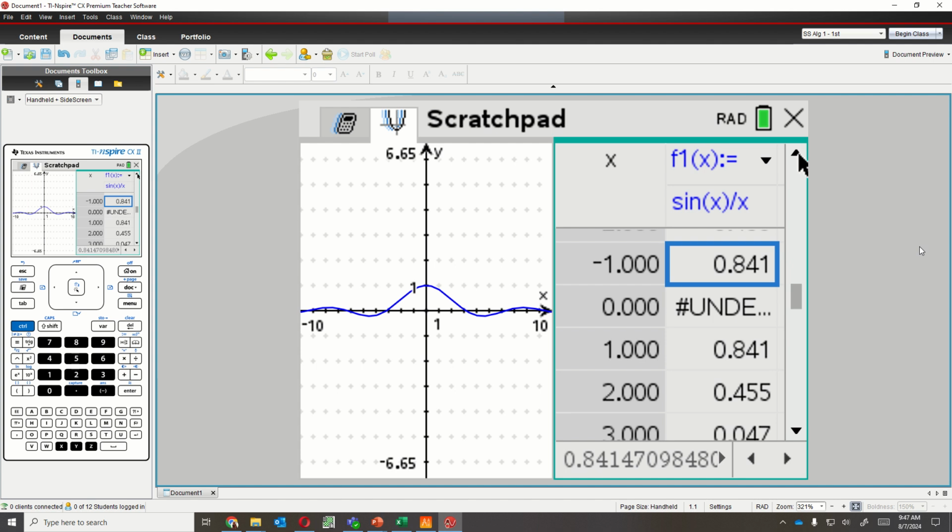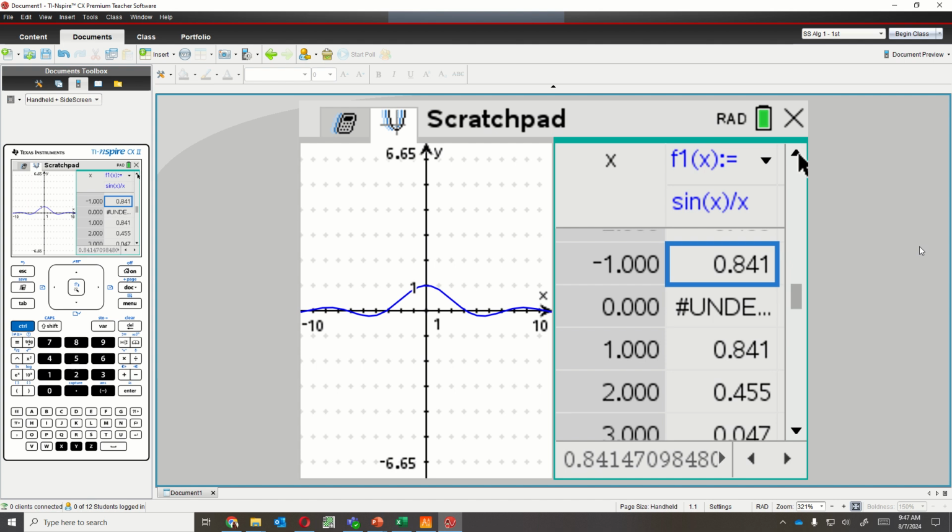Just by looking at the graph. This is one way of actually trying to do this. What do you think my answer is going to be? What you got? 1. Yeah, it is 1. Okay, so now, does it meet the requirement? What was the rule I said about limits? Left and right side.